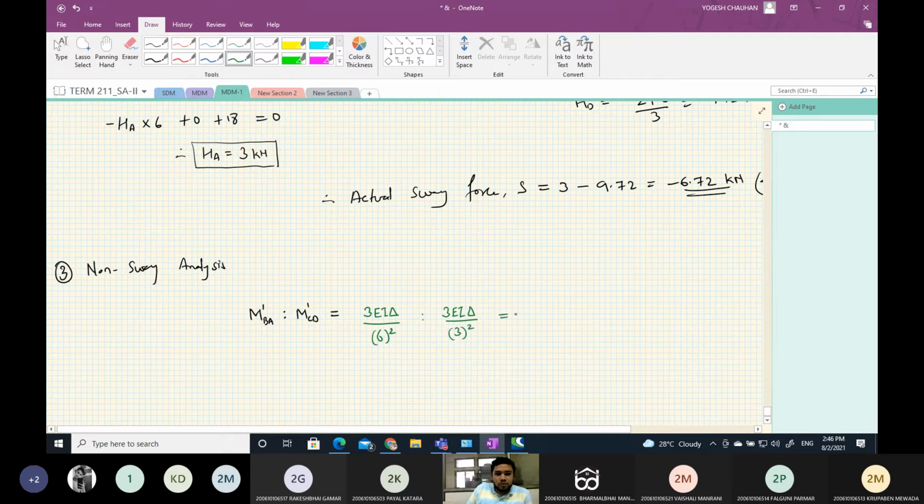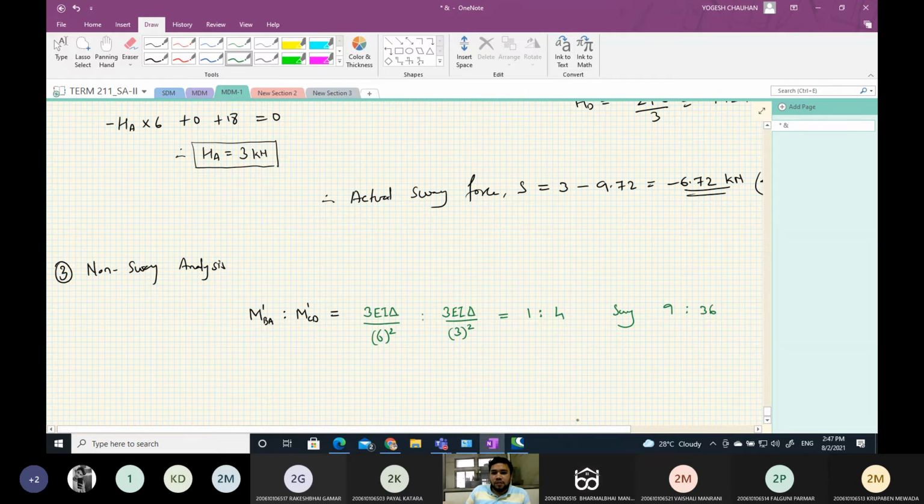So they are in proportion to, I is the same for both these members, so it will be 1:4. They are in proportion 1:4. So say for example 9:36.